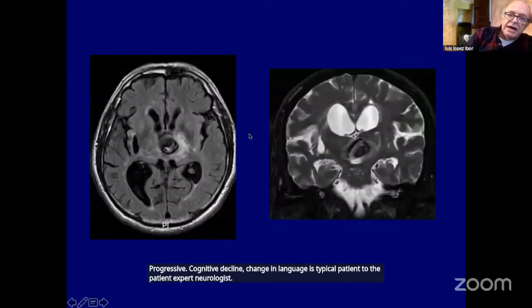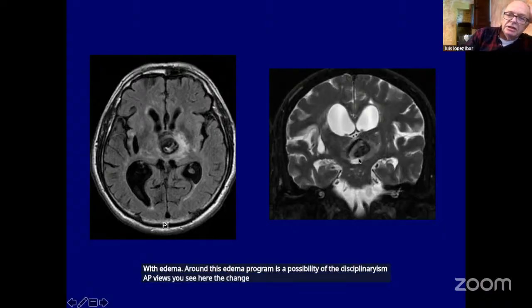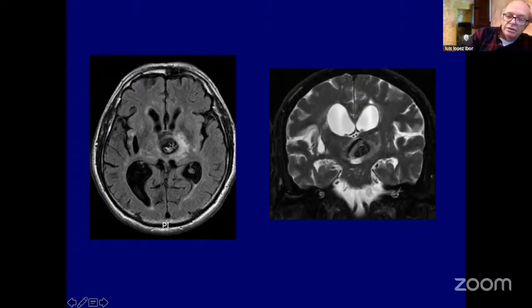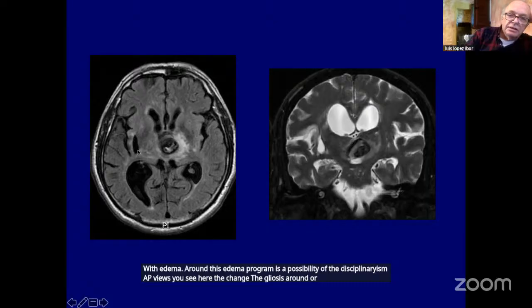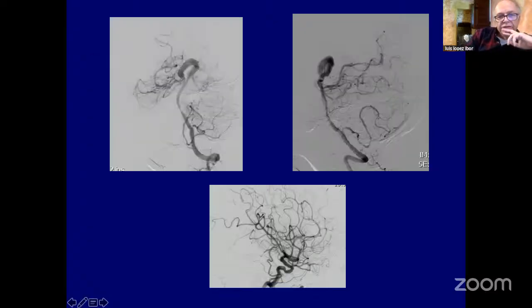The patient has one aneurysm with edema around it. This edema problem is the pulsatility of this aneurysm. AP view, you see here the change, the gliosis around, or edema. Also there is an old infarction in the external capsule. And this is the aneurysm.